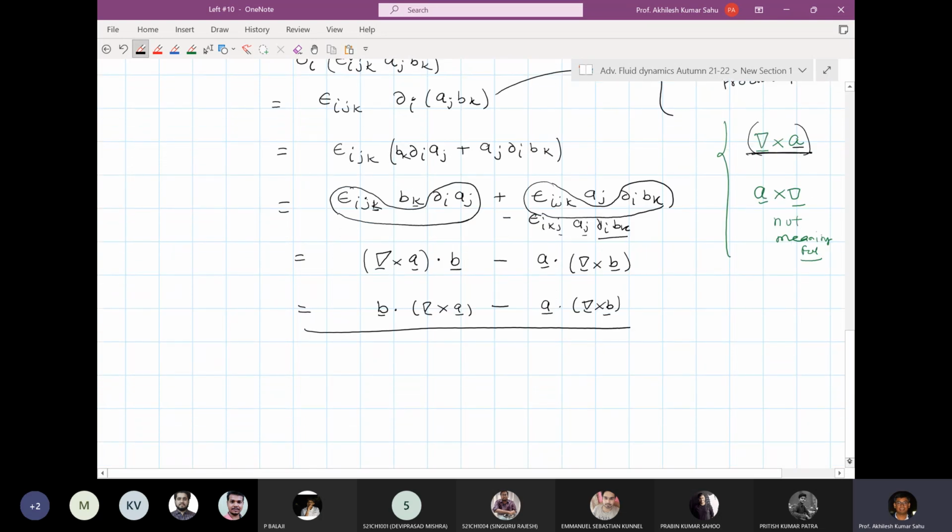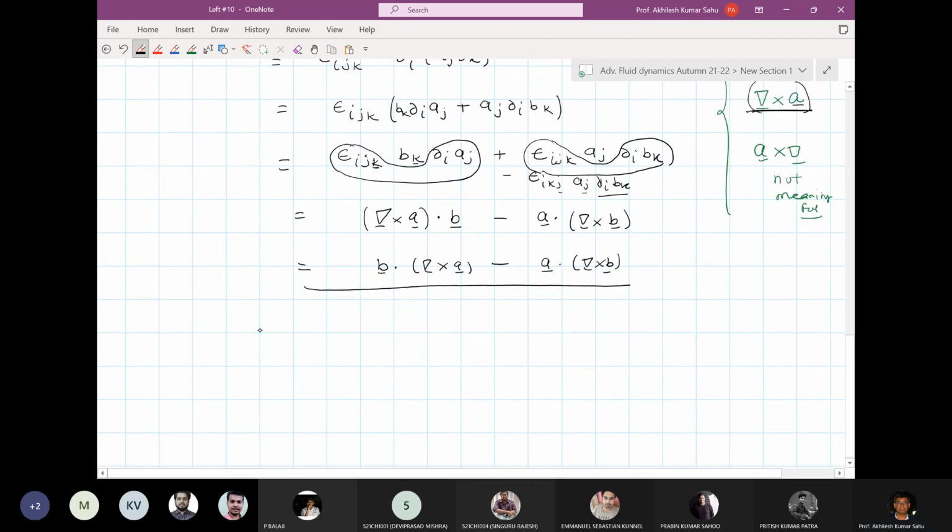Acha. So till now we have seen the index notation for a vector, right? For a second order tensor, right? Let's say capital T or tau. So second order tensor means there will be two bars, right?